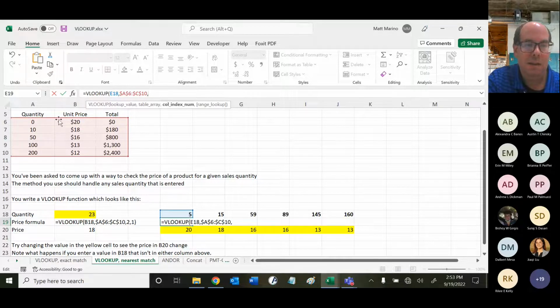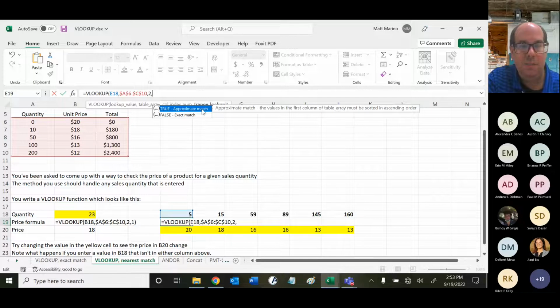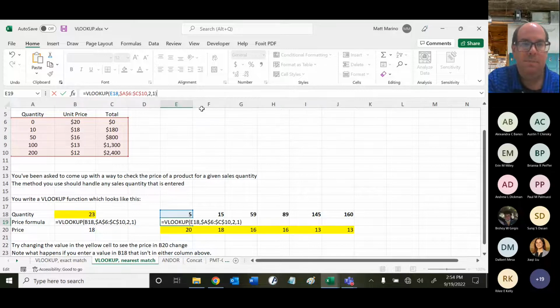In this table, we only have 3 columns of info, but we only need 2, right? The quantity and the unit price. And then for the last parameter, like I said, it's always true for approximate or nearest match, which is a 1. And that's how our formula is supposed to look.